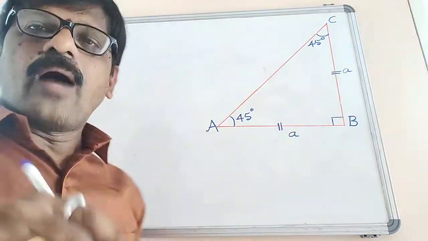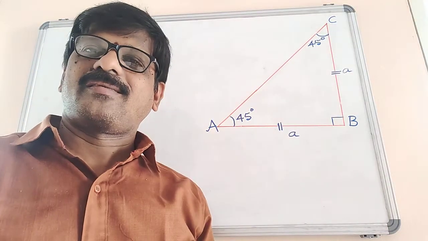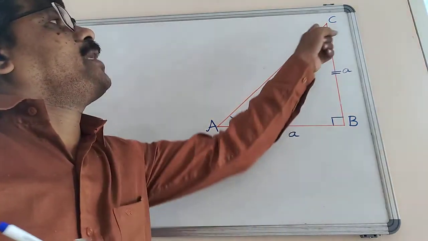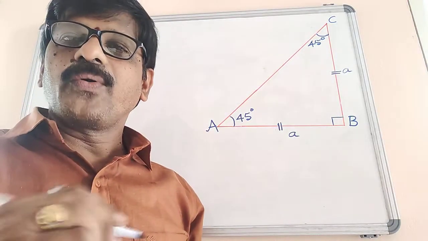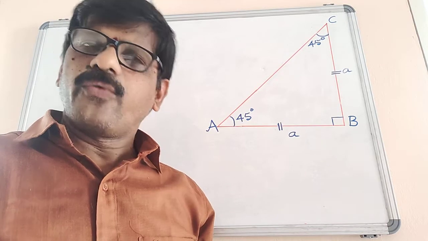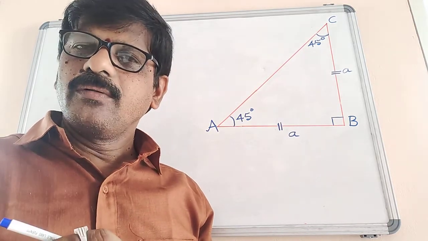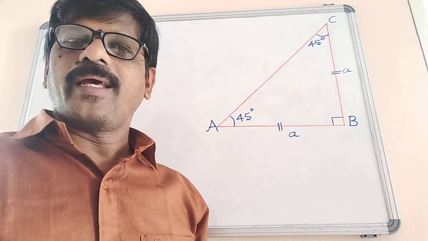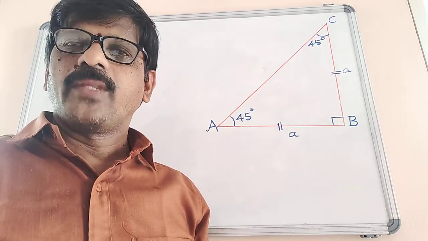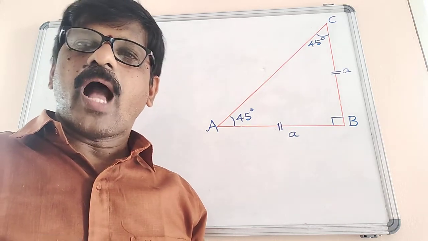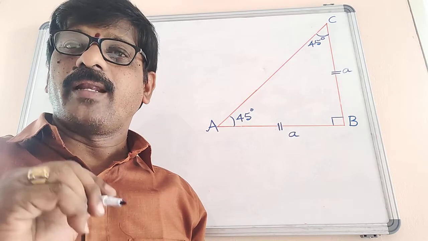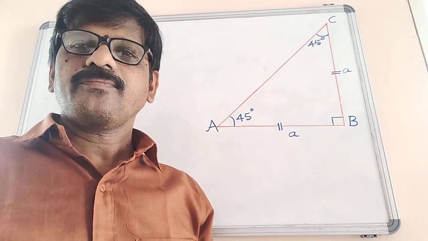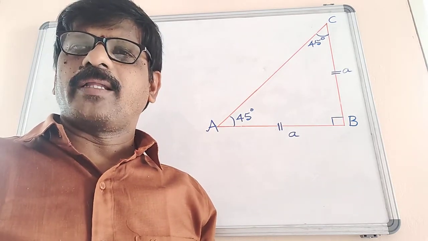Now you have to find the hypotenuse. What is the hypotenuse? AC. How to find AC? We know that according to the Pythagorean theorem. What is called Pythagorean theorem?